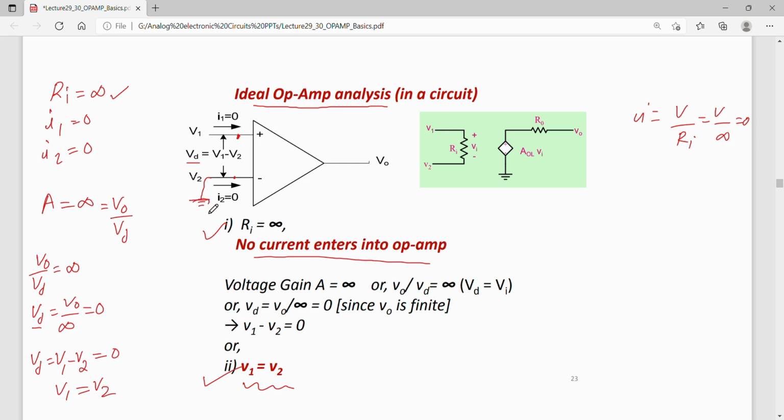If I connect this to a battery of, let us say, 1 volt, then V1 will also automatically be at 1 volt, because V1 is equal to V2. Why is V1 equal to V2? Because the gain of this op amp is infinity. So these two things are important to remember, 1 and 2.